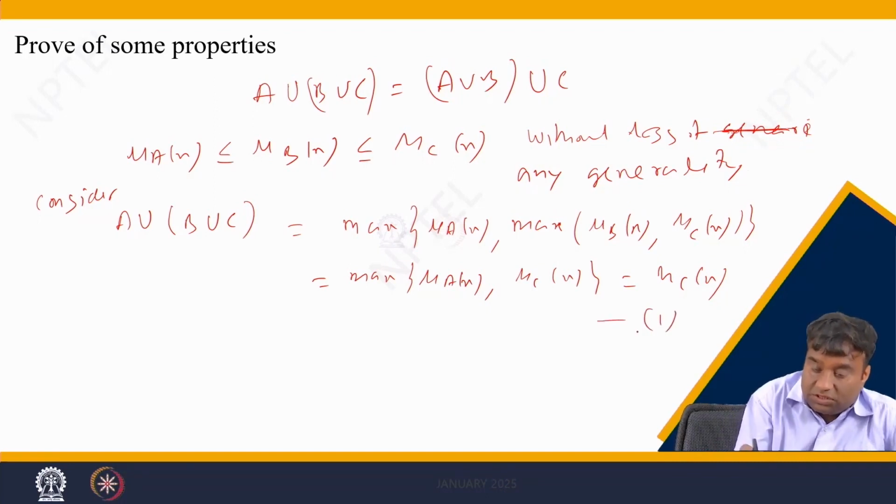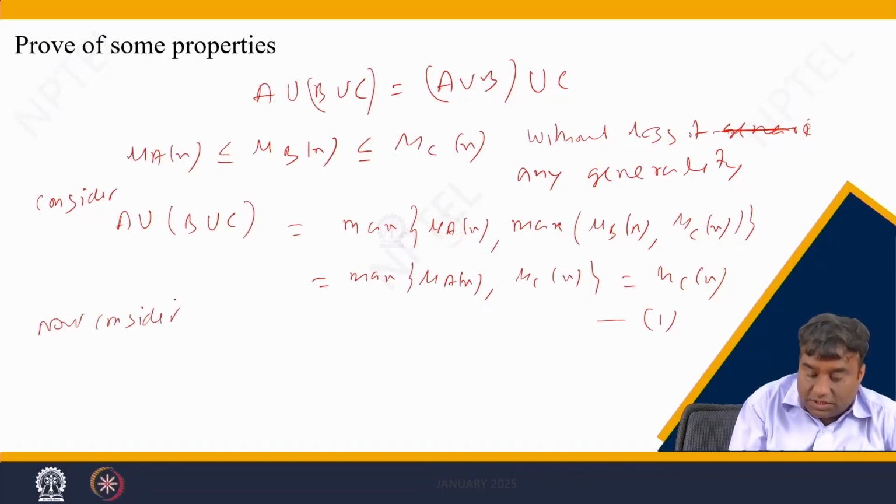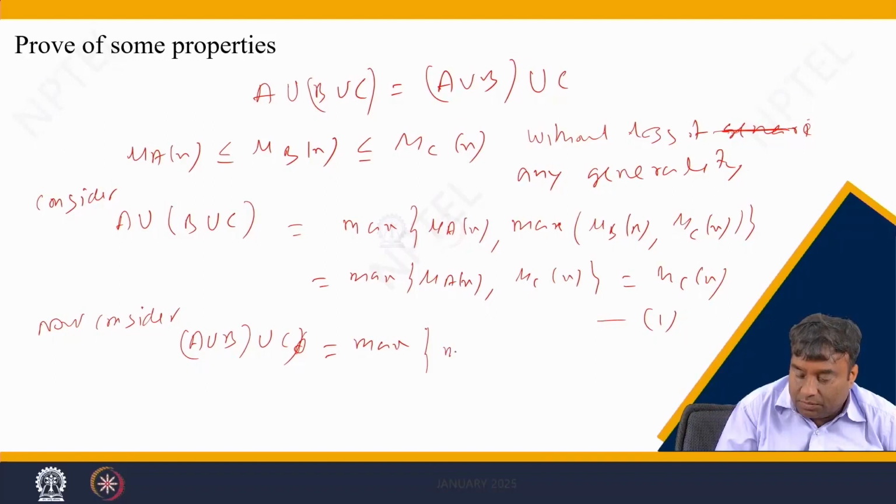Now consider the other side, which is A union B union C. So that is again the maximum of mu A(x), mu B(x) and mu C(x).